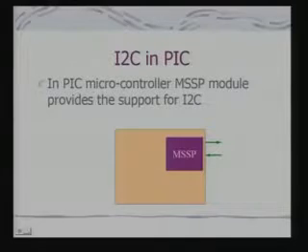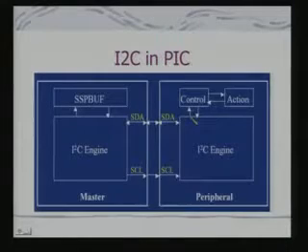Now, the hardware for I2C is available in a variety of microcontrollers, and in the PIC family as well. Typically, this MSSP module, which is there in PIC, provides the support for I2C. Now, the basic structure is that in the MSSP module, you have got this I2C engine, okay.